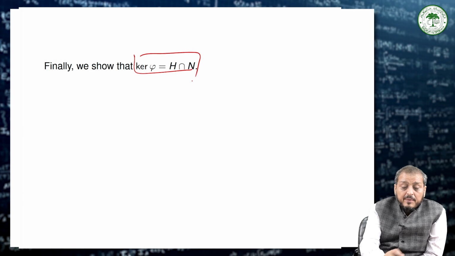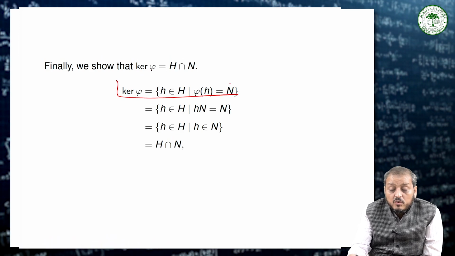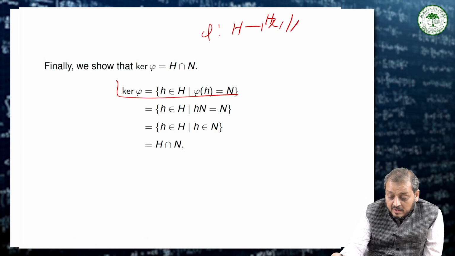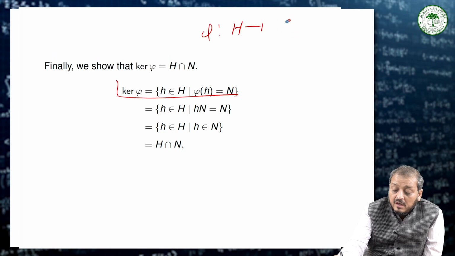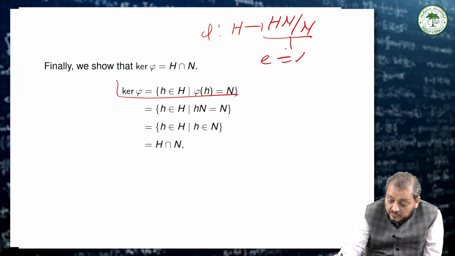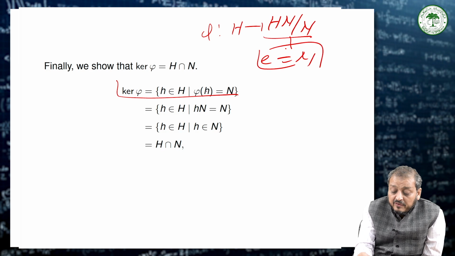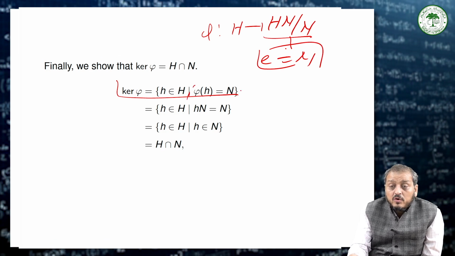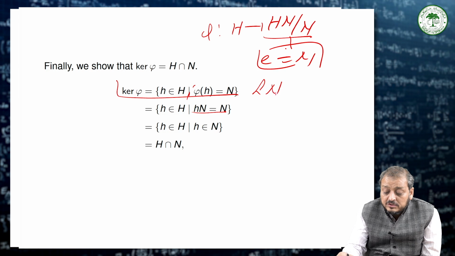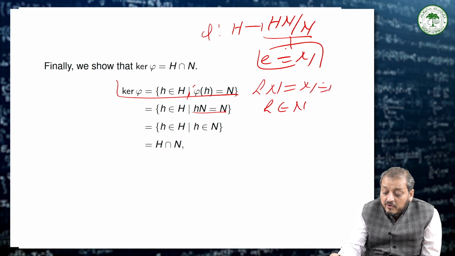We take any arbitrary element in the kernel of phi, so the kernel of phi is nothing but the set of h in H such that phi of h is equal to identity, because phi is defined from H to HN over N, the quotient group, and the identity of this quotient group is clearly equal to N. Then phi of h is equal to N, and phi of h is nothing but hN, which is equal to N. Now by the coset property, hN is equal to N means h is an element of N. This is an if and only if condition.